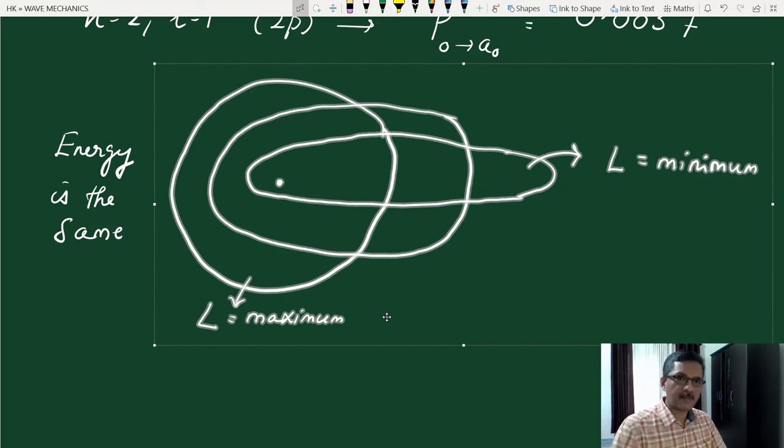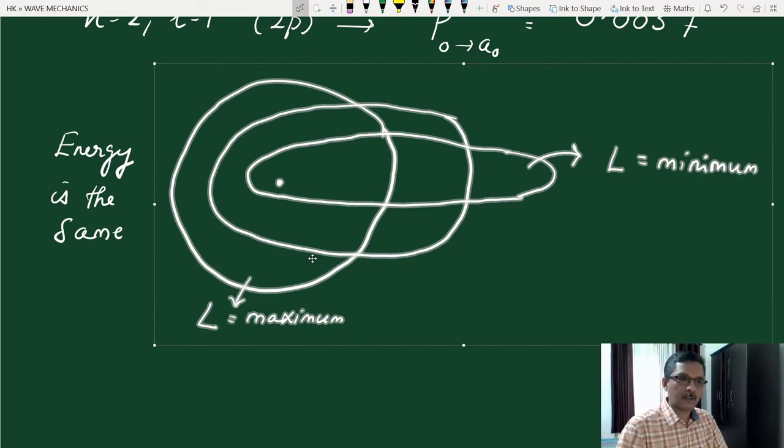This is the reason why when L is equal to n minus 1, the plot of the radial probability has only one antinode, and that most probable radial distance is nearly n square A0. The reason is that the orbit is nearly circular, and it behaves nearly like the Bohr radius for the L equal to n minus 1 state. So this is the reason why for each n, different angular momentum states show this variation in radial probability.